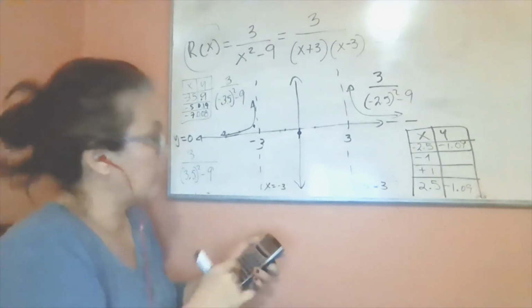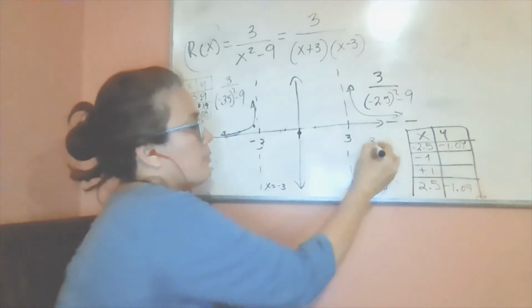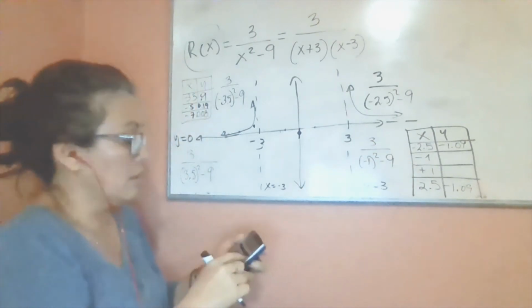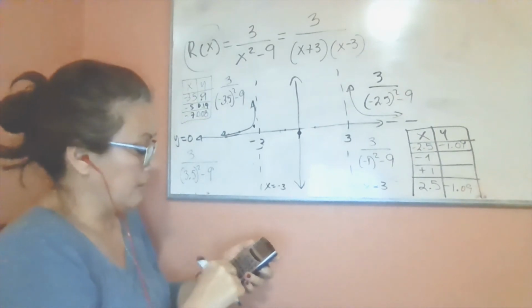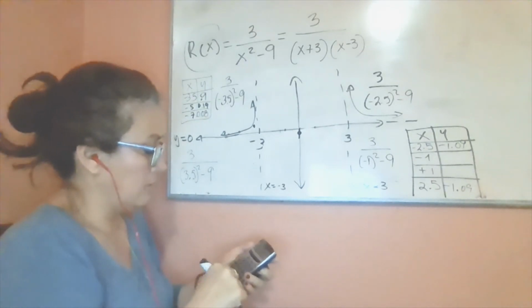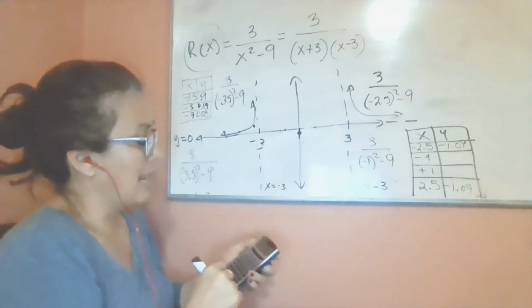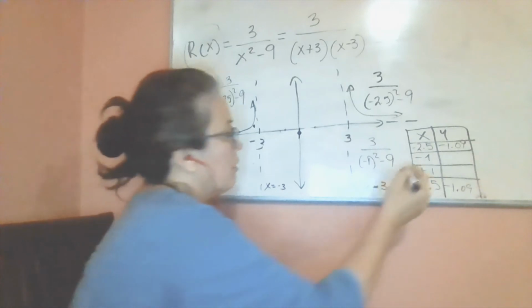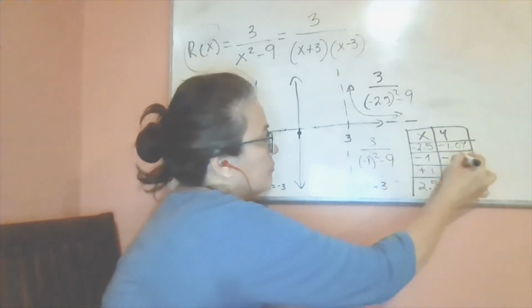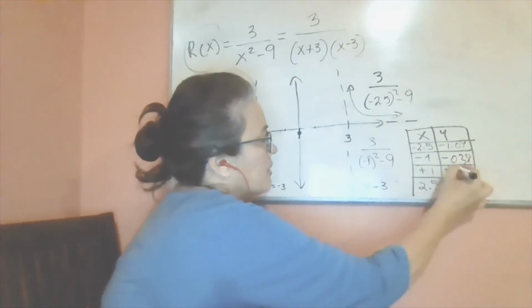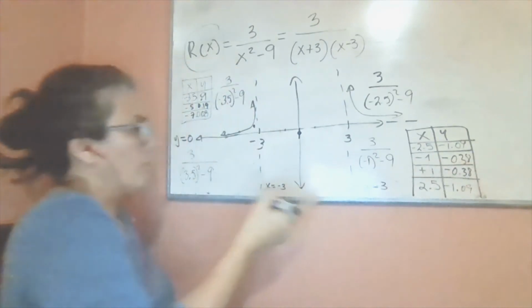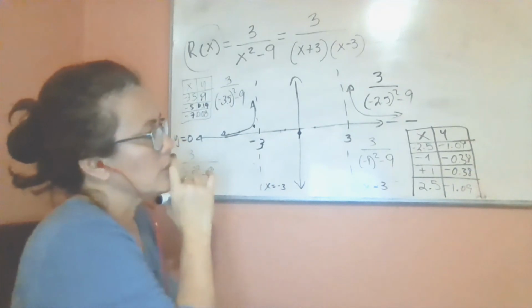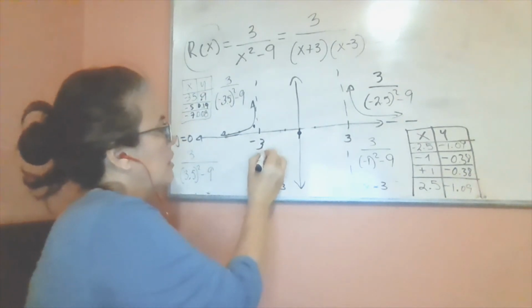I'm going to work with the negative 1, and it's going to be 3 over negative 1 to the second minus 9. So 3 divided by minus 9. I get negative 0.38. Again, this is going to be the same value on the other side. If we graph this, what we're going to have, it's going to look something like this.